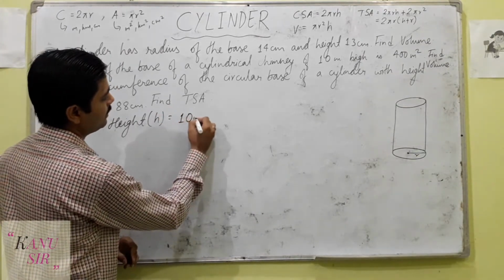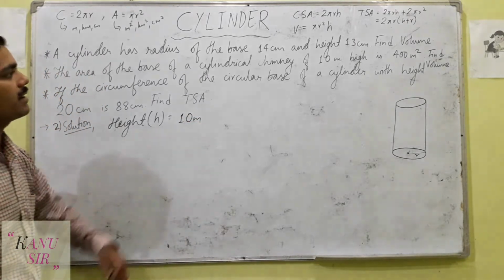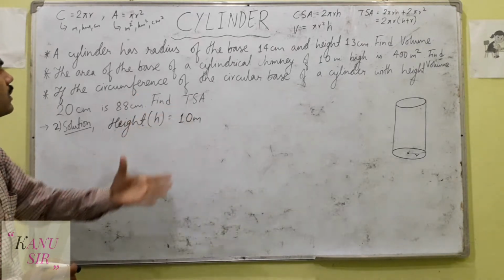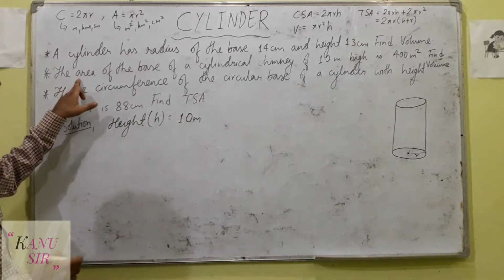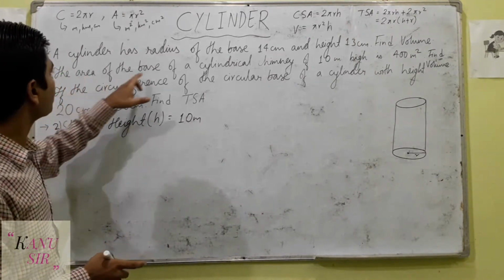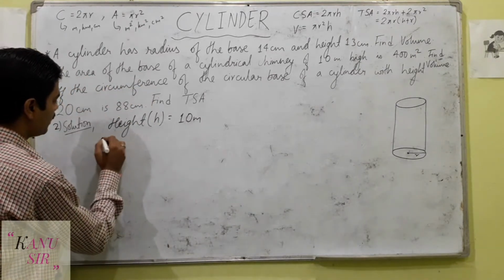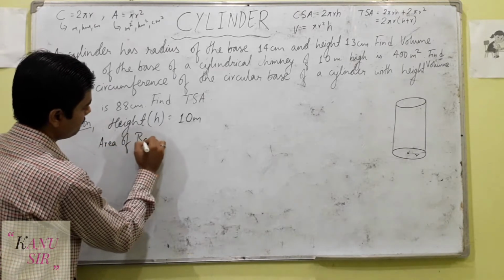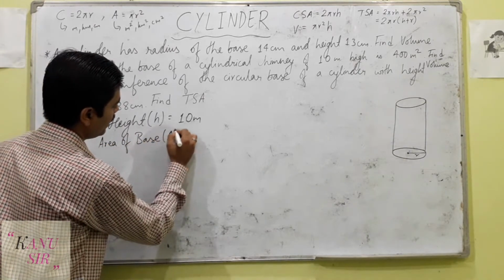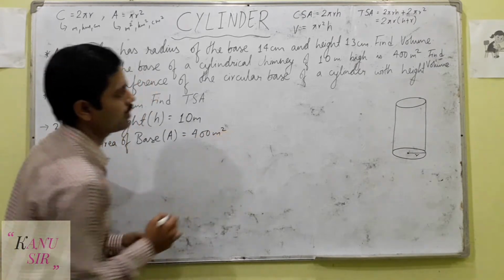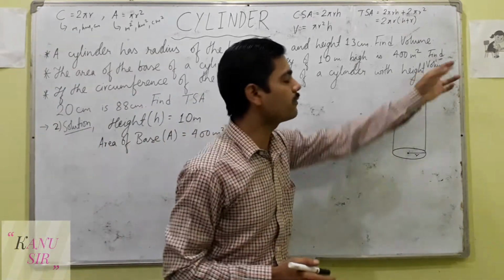That is, height h is 10 meter and 400 meter square. What is that meter square given? Area, because the unit is meter square, and it is the area of the base. So we write here area of base A equals 400 meter square. And what is asked? Find the volume.